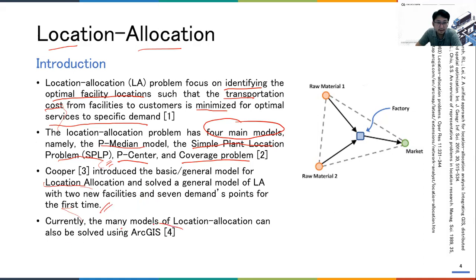And this one is the software that I mentioned earlier. ArcGIS is very powerful software, and it has a location allocation feature. If you want to explore, this is a very good software you can use. You can also use the function in this software to generate distance matrices, and a lot of other things.